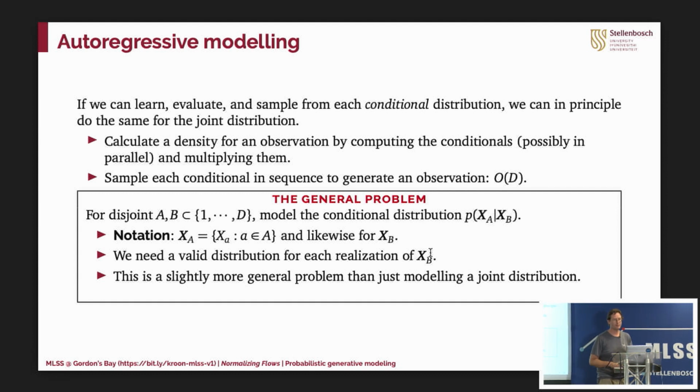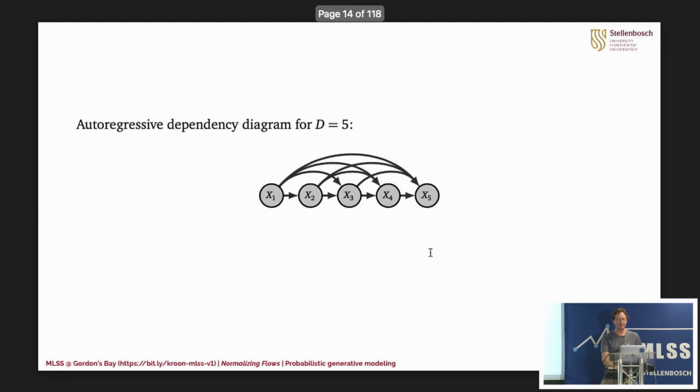If we can do that, then we can calculate the density for a specific x by computing each of those conditionals and multiplying them together. We can also use ancestral sampling to generate an observation: I can sample an x1, then an x2 given that x1, then an x3 given x1 and x2, and so on.